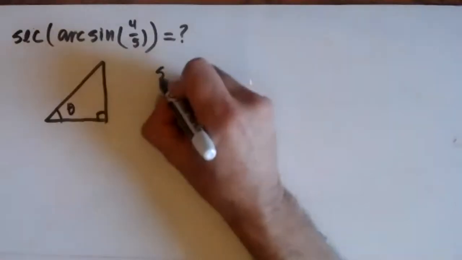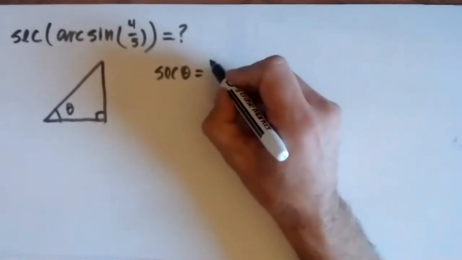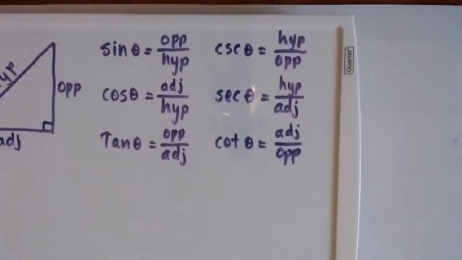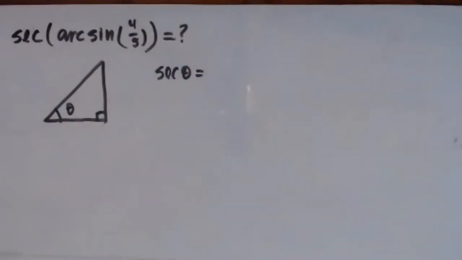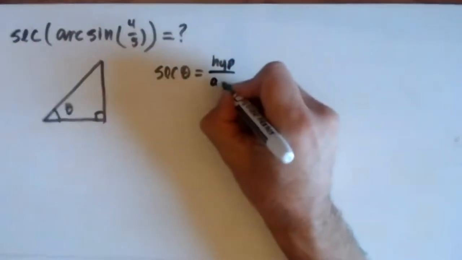Well, the secant. The secant of the angle, you remember your ratios, the secant is hypotenuse over adjacent, correct? This is always what I have to recall. Hypotenuse over adjacent.